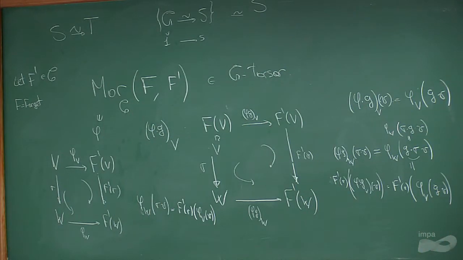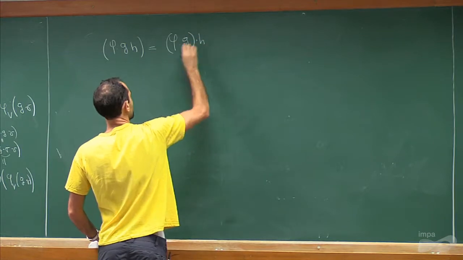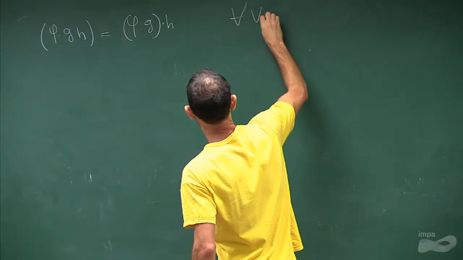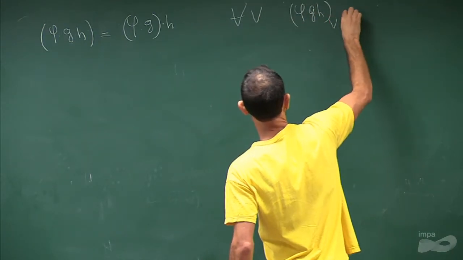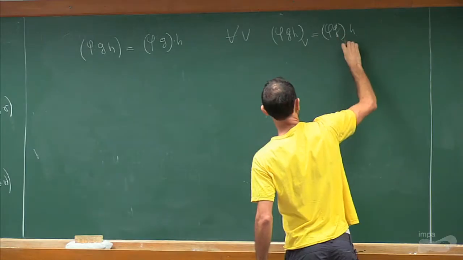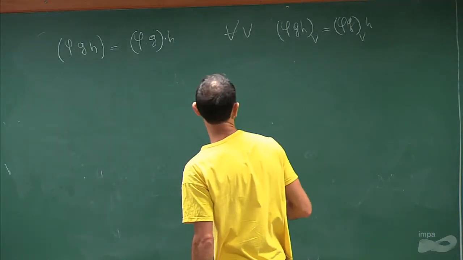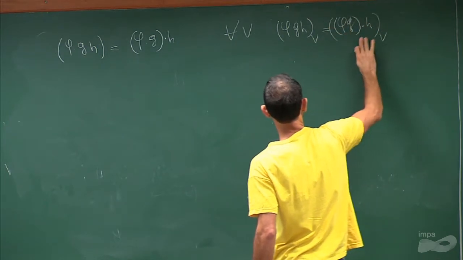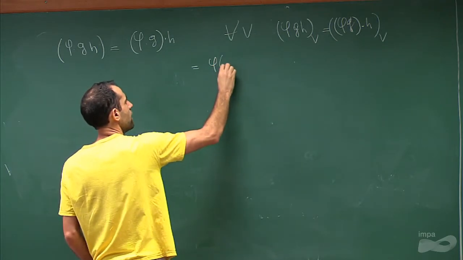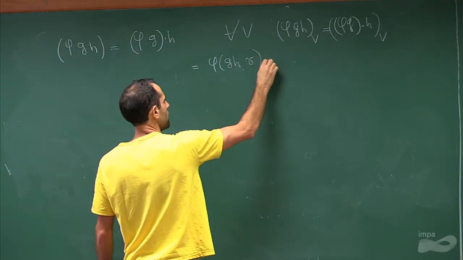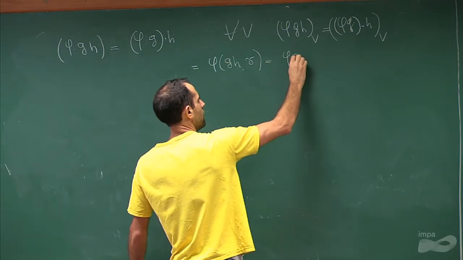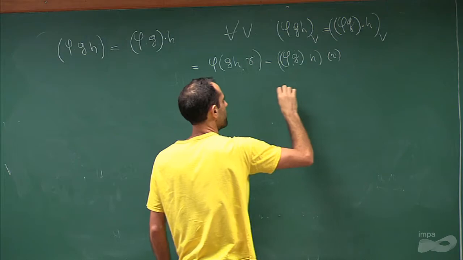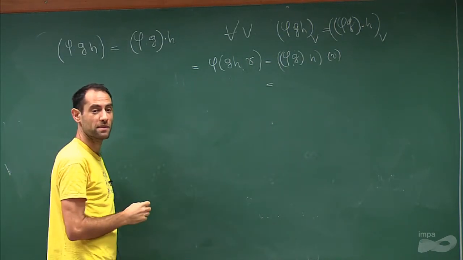Okay? So now I need to check that phi g h and this guy applied to V. Well, I need to check that this as a morphism is the same thing as phi g h. But this is the same thing as, for every V, I need to check that phi g h V is equal to phi g h, and here's a V. But then this is the same thing as checking that phi of g h V is equal to phi g h applied to V. But this is, and now I'm again in the same problem as the first part.